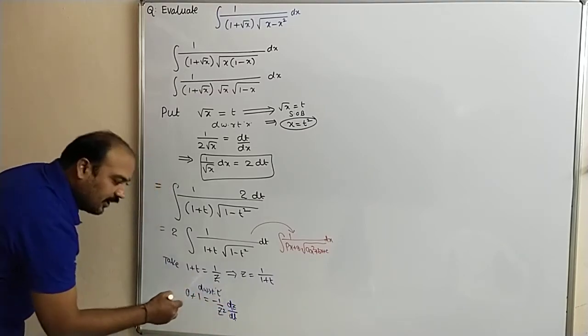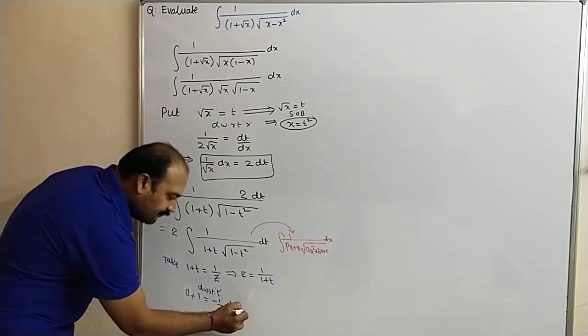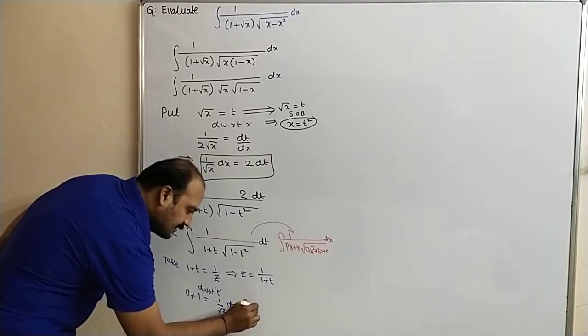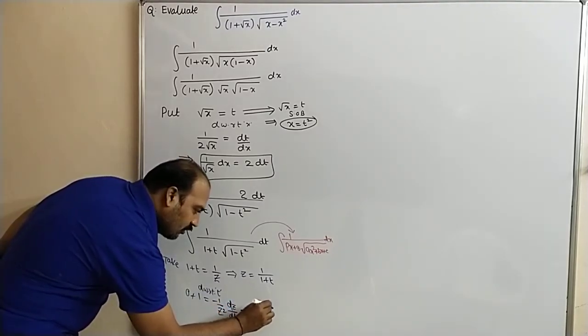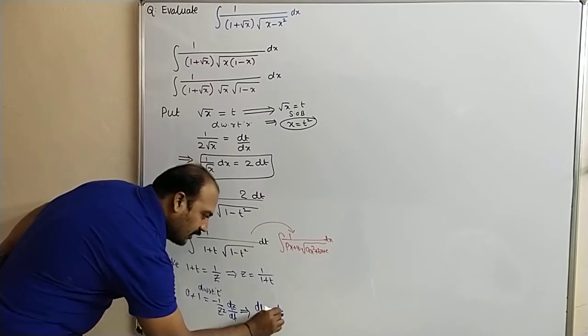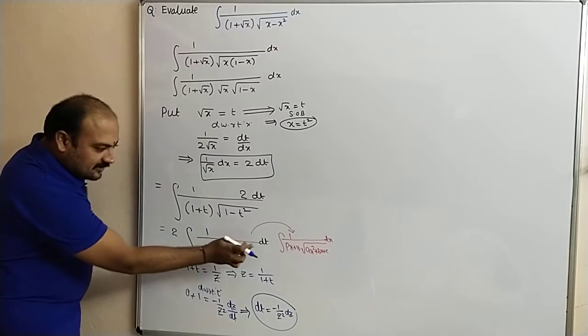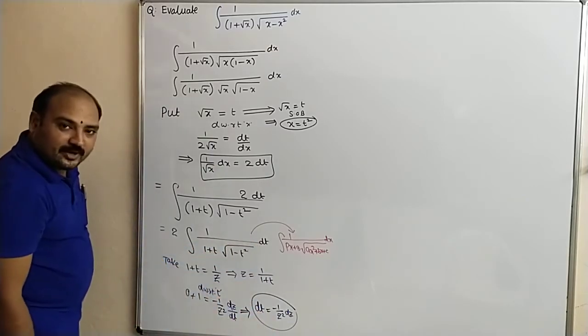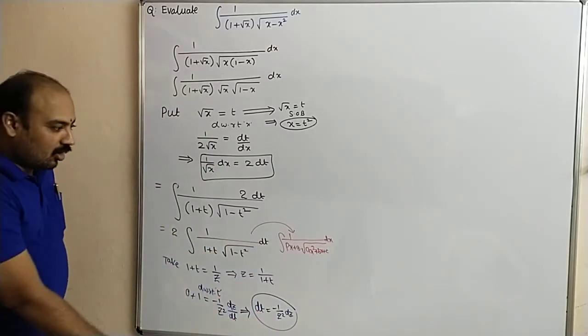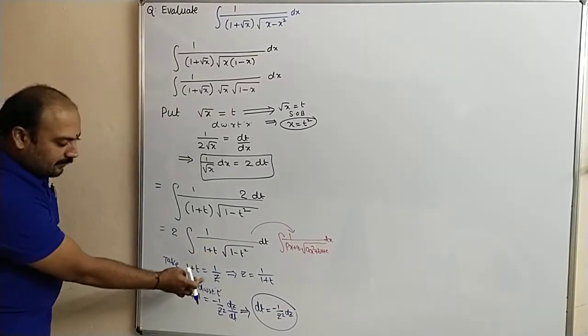So cross multiplying, it becomes dt is equal to minus 1 by z square into dz. So in place of dt, minus 1 by z square into dz you have to replace. After that 1 plus t is equal to 1 by z.